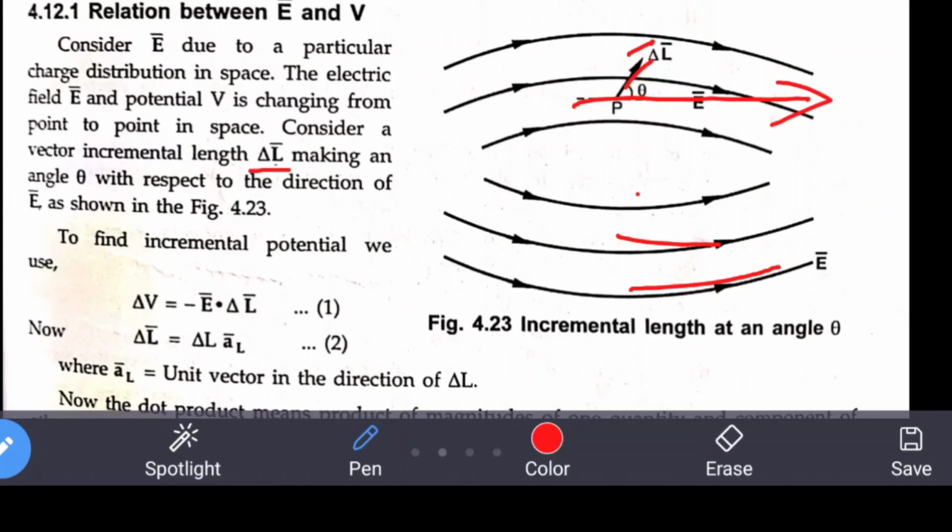To find the incremental potential, we use delta V equal to minus E dot delta L. Already we know that V equals minus the integral of E dot dl.